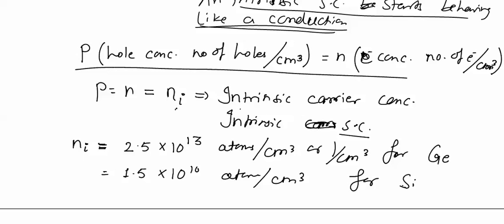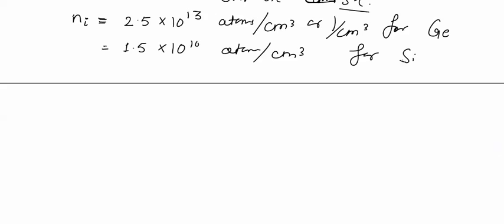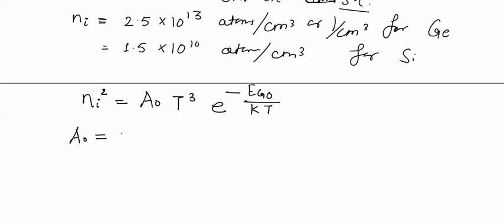This intrinsic carrier concentration is temperature sensitive, and it is related with temperature as Ni square equal to A naught into T cube into e raised to power minus Eg0 divided by KT, where A naught is called the material constant.